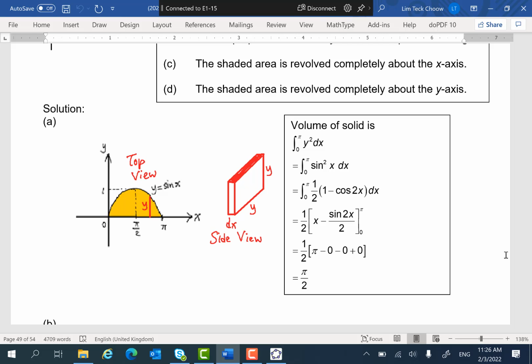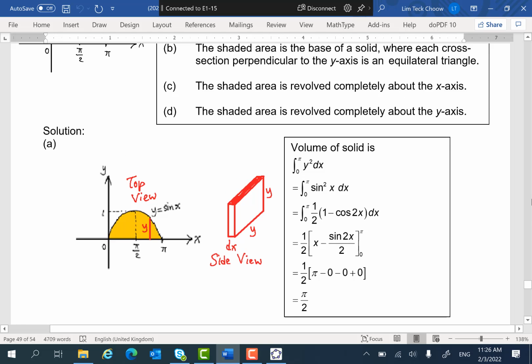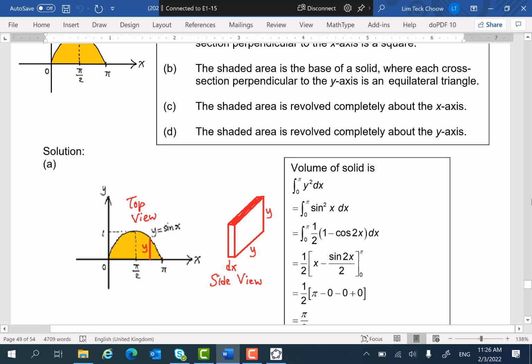Okay? So this is 39A, where you can see vividly how the thing is formed. How about 39B? In the case of 39B, it's the same kind of thing, except that now it is perpendicular to the y-axis and it is an equilateral triangle.